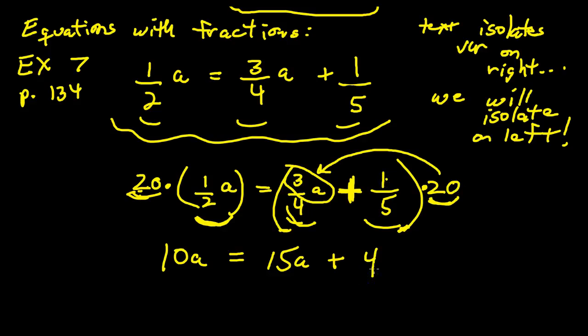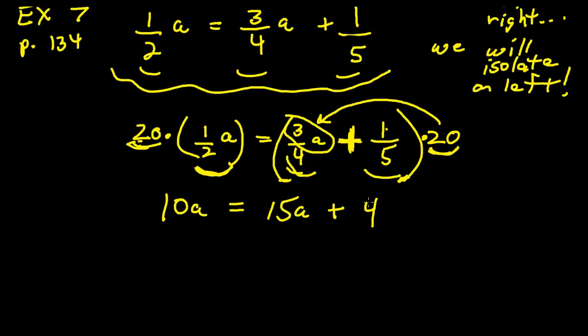All right, so now it's a breeze. See how easy it is if you take a little time and clear away those fractions properly? We're going to isolate on the left-hand side here, so I'm going to want a residue of the variable to be on the left.